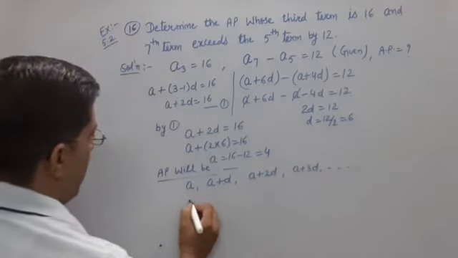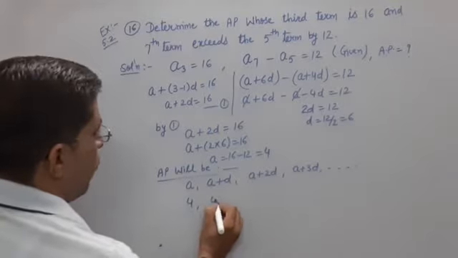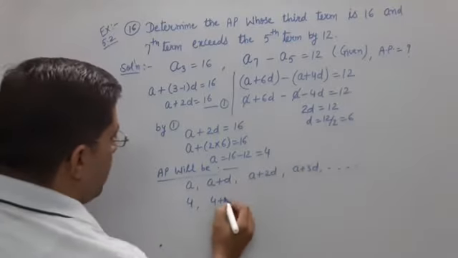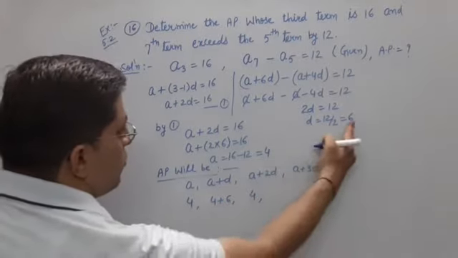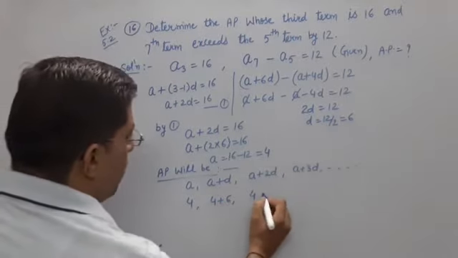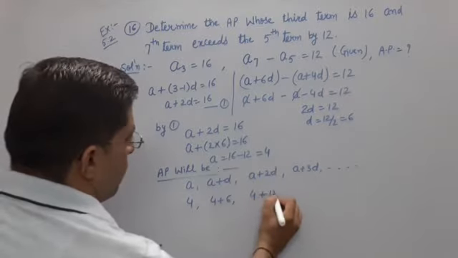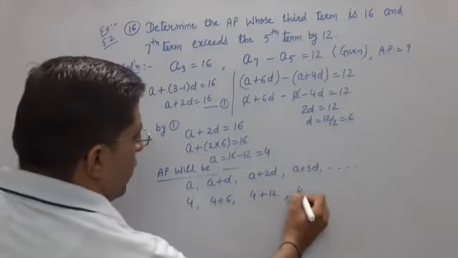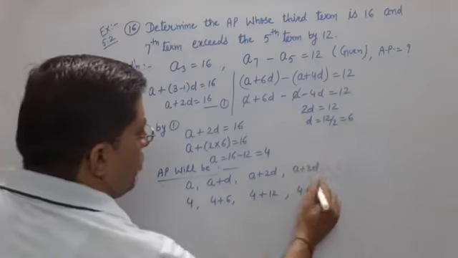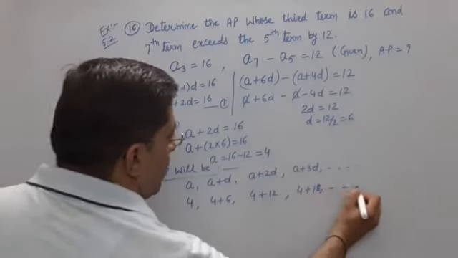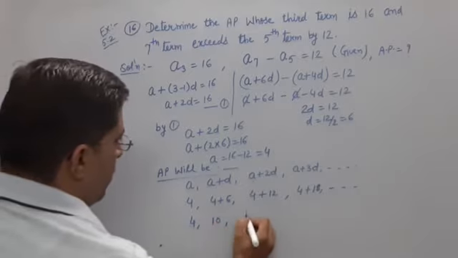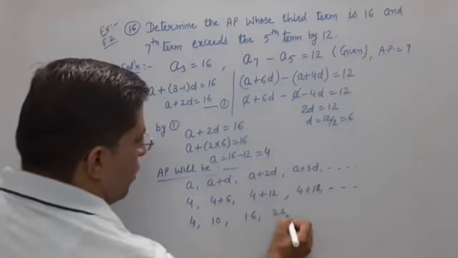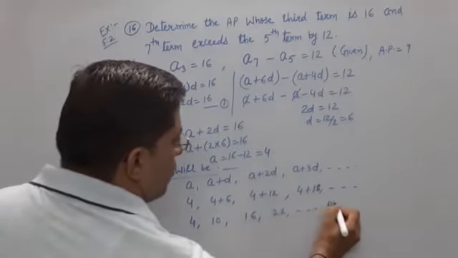What is A? A is 4. 4 plus D, D is 6, so 10. A is 4, 2 into D, 6 twos are 12, so 16. A is 4, 3 into D, 6 threes are 18, so 22. So what is the AP? 4, 10, 16, 22.